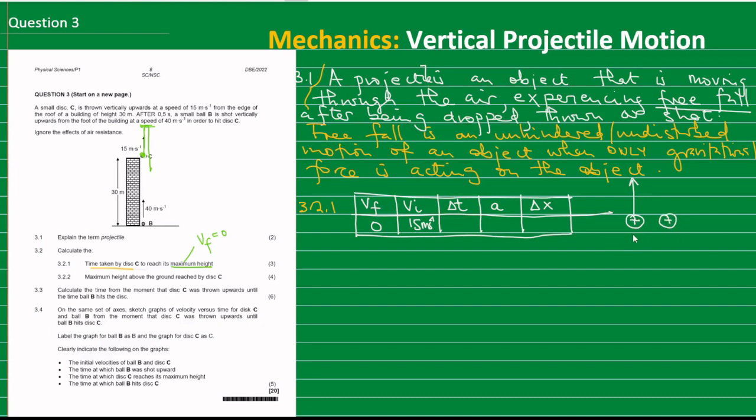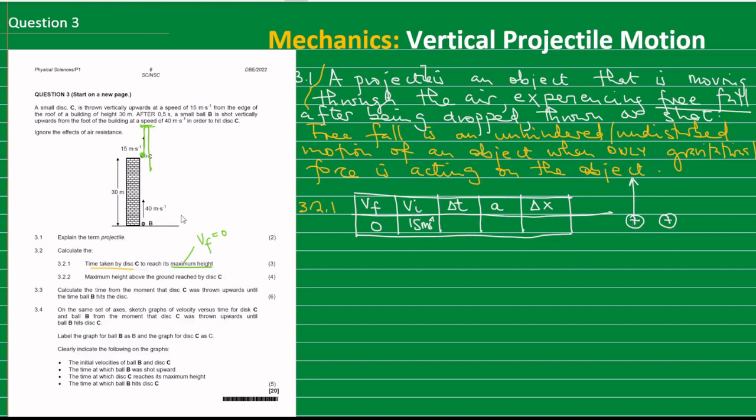It's up to you, but you are advised to stick to one particular choice. So if you are taking upward as the positive direction, when you substitute your values, you must make sure that the directions are indicated by the negatives and the positives. So here I've taken the initial velocity upward as 15 meters per second, positive, because I'm taking up as positive.